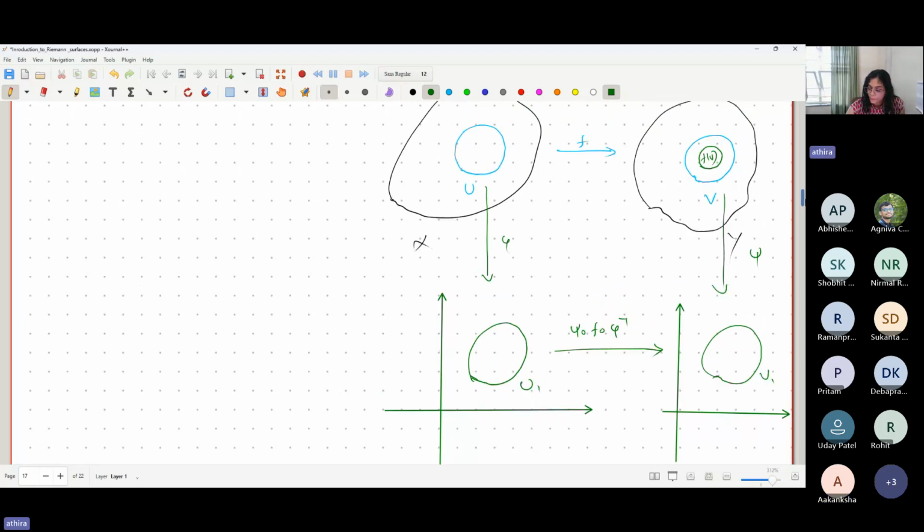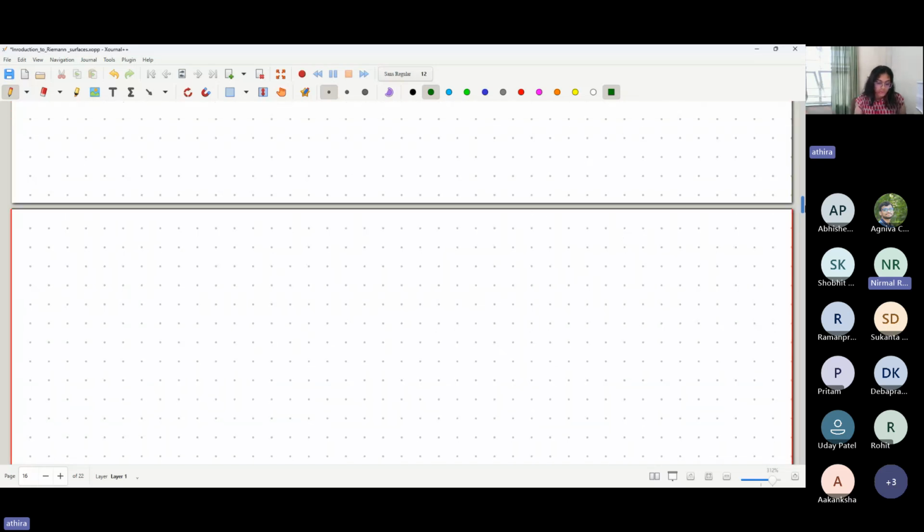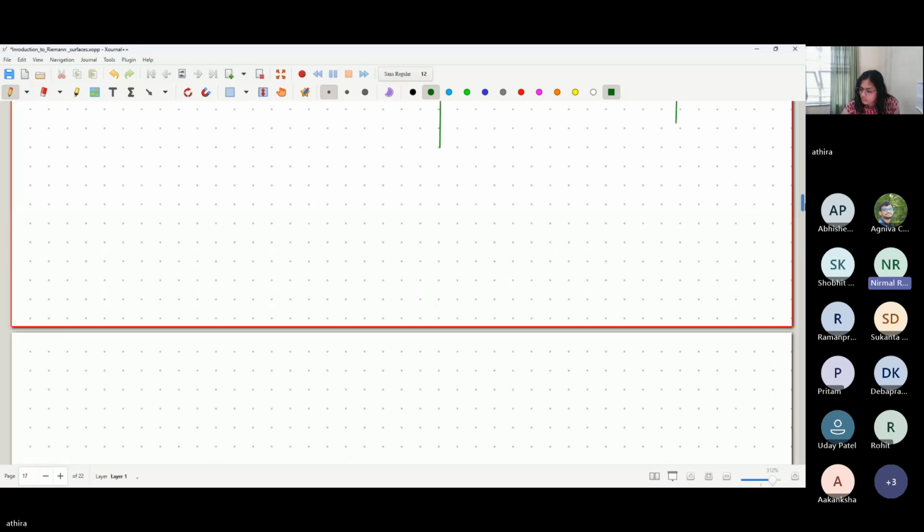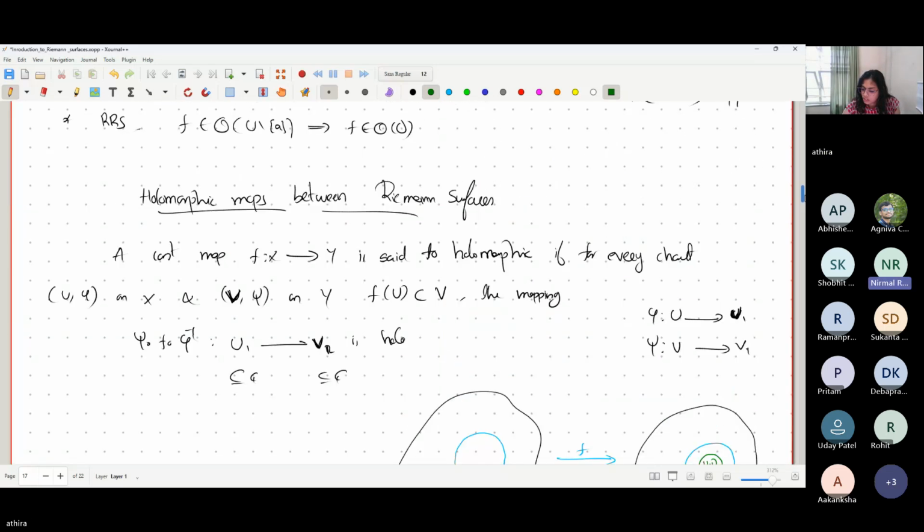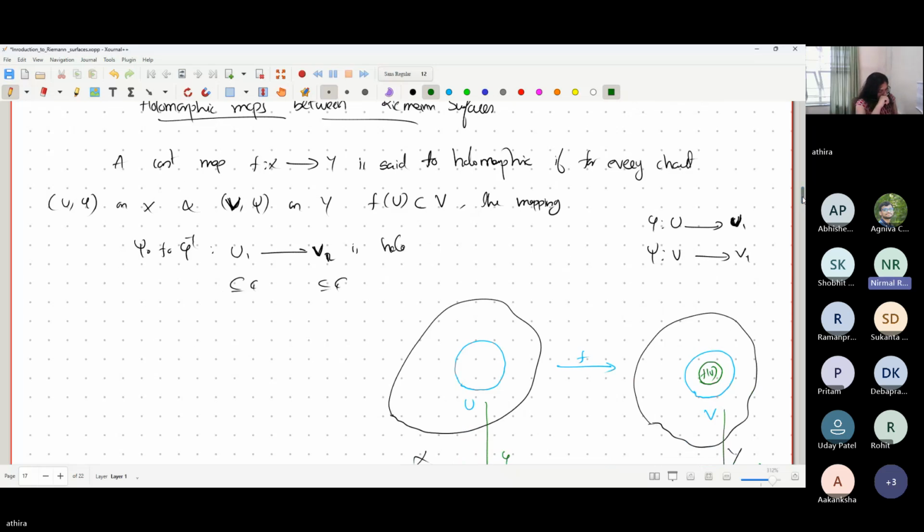Then we'll move on. In the definition, why are we demanding continuity? Because differentiability should imply continuity; in the usual sense we don't demand continuity. Why should this map be continuous?